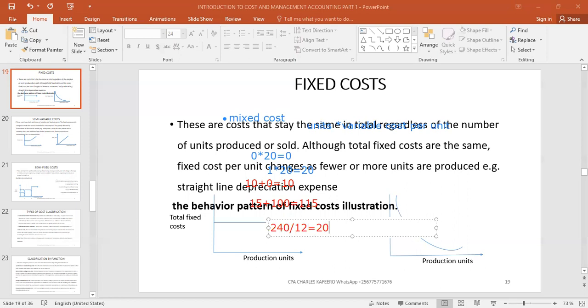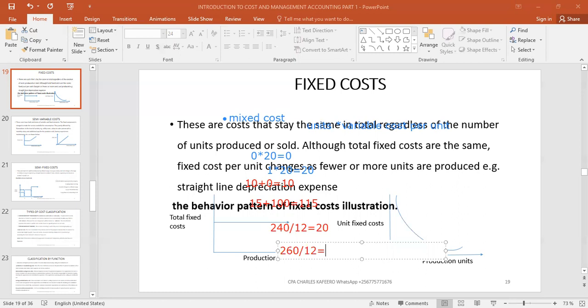But if you divide the total cost of 260 by the number of units, which are 12, you will be getting a different answer, meaning that they are not in proportion. So when you forget about the proportion, you are giving a wrong definition. That's why, when you are explaining, make sure you put the word proportion to distinguish it from other costs which also keep increasing as the level of activity increases.